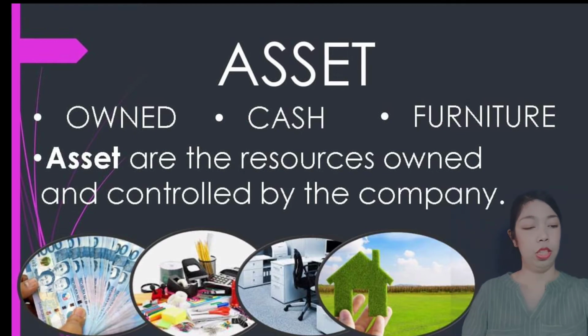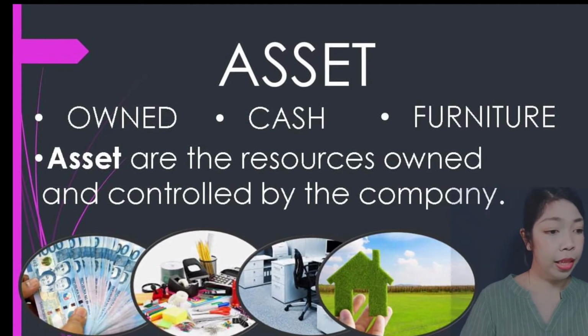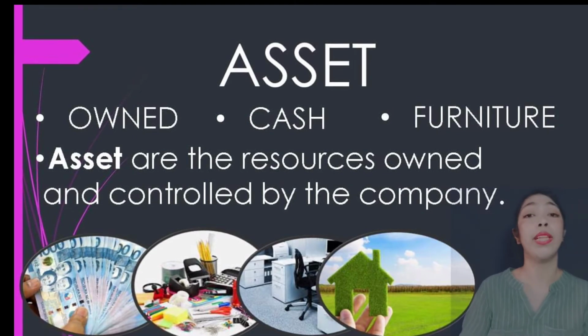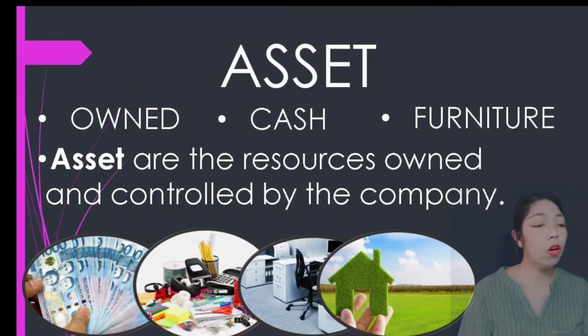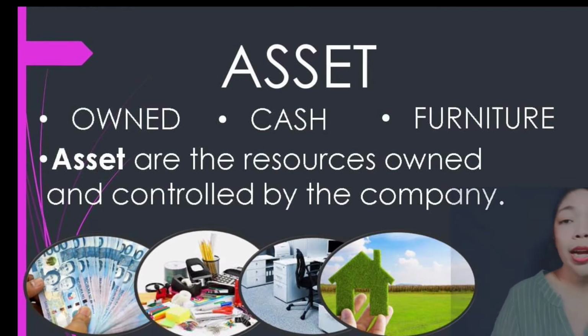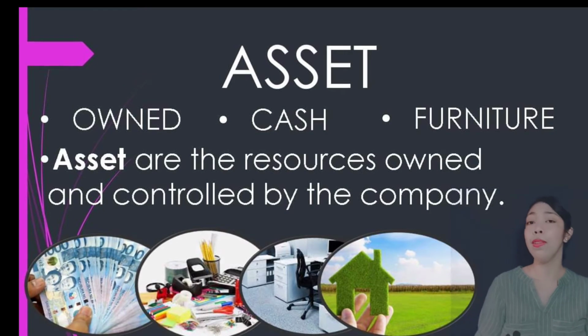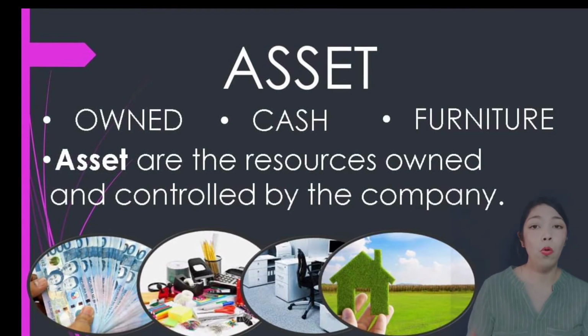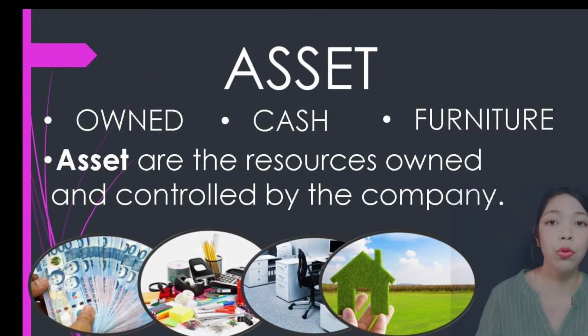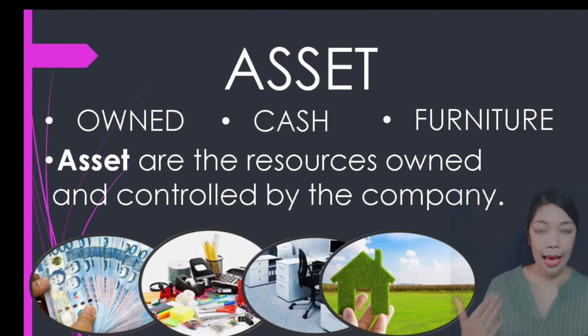Okay, yes, please, Gio. Assets are the resources owned and controlled by the company. Great. When we talk about resources, these are cash, supplies, office equipment, laptops, pencil. As long as it is owned by the company and controlled by the company, it is an asset.